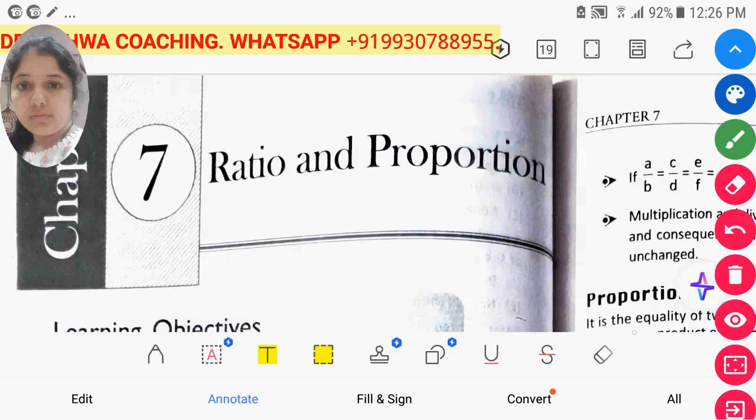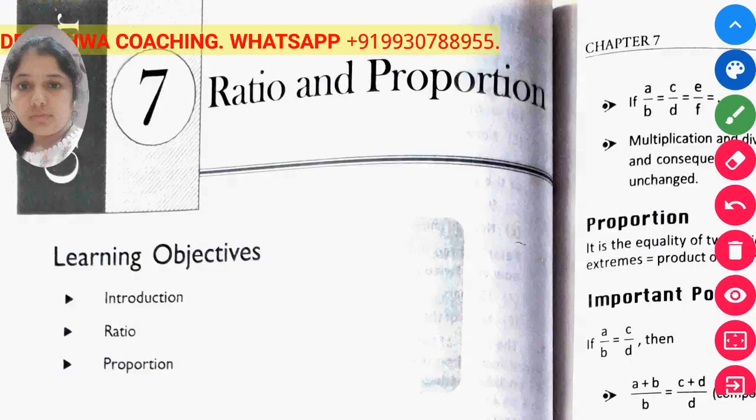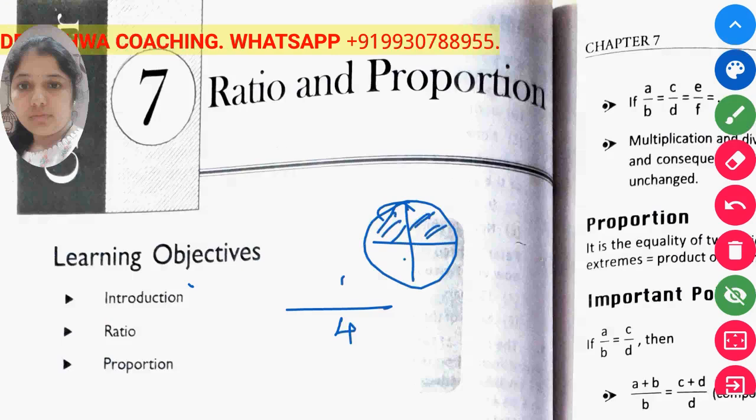If I have something whole and I equally divide that whole, suppose I have a circle divided into 4 equal parts and I shade 2 parts, then it is known as a fraction. That means some part out of the equal division of the whole.